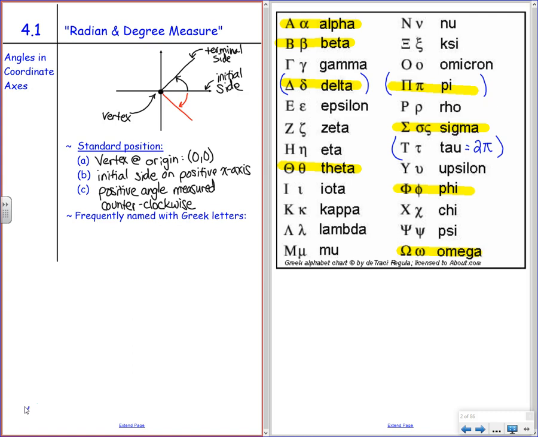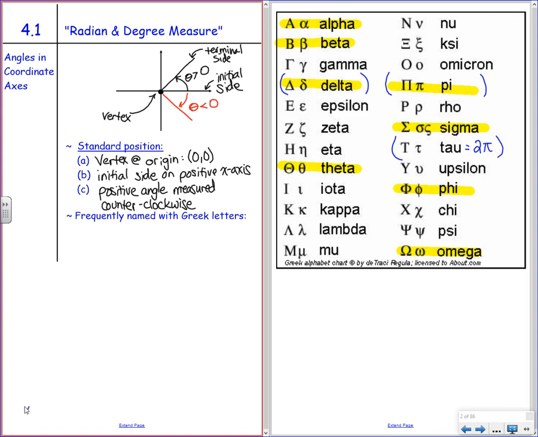That's actually clockwise. Counterclockwise is the other direction. So this theta, named by the lowercase Greek letter theta, is going to be greater than 0, meaning a positive angle. But the red one on the bottom, since it's rotating the other direction, is going to be the negative angle.